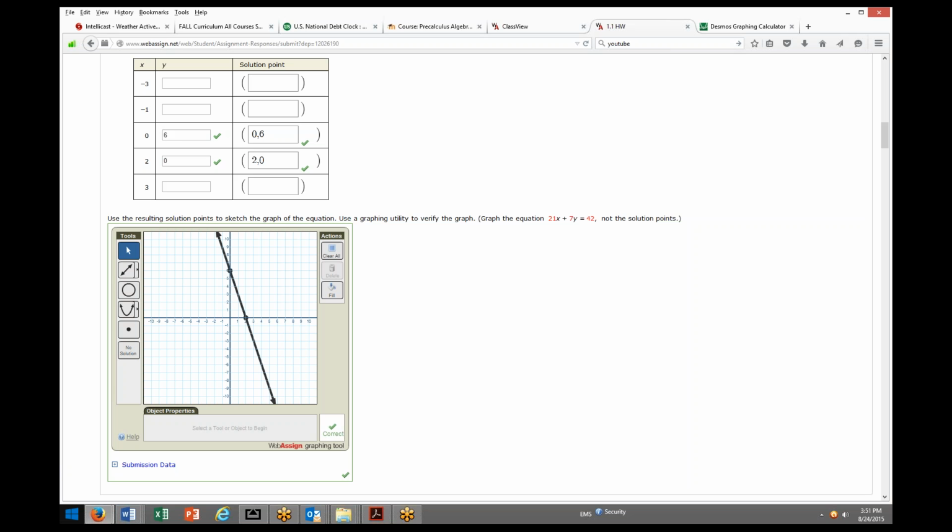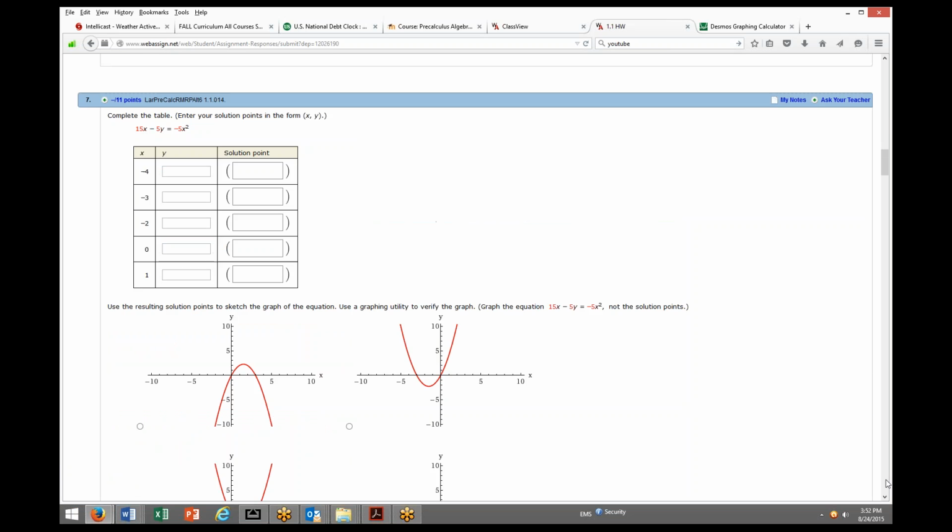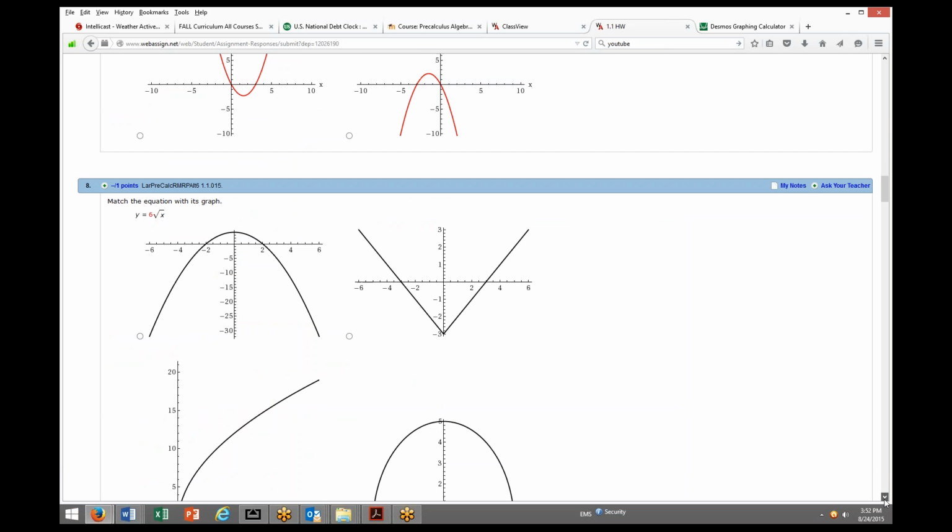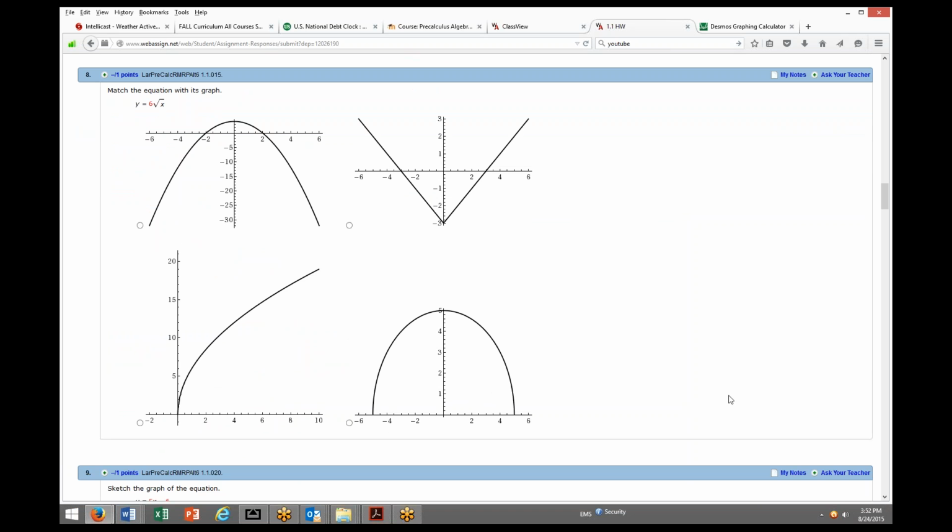Now sometimes what WebAssign is going to do in your homework problems, they're going to show you 4 different graphs. For instance, on number 8, it says match the equation with its graph. Y equals 6 times the square root of x, and by the way, each of you is going to have a different number there, perhaps 6 or some other number, and it shows you 4 graphs here. How do you do this? Obviously, you don't have to enter a graph into WebAssign.